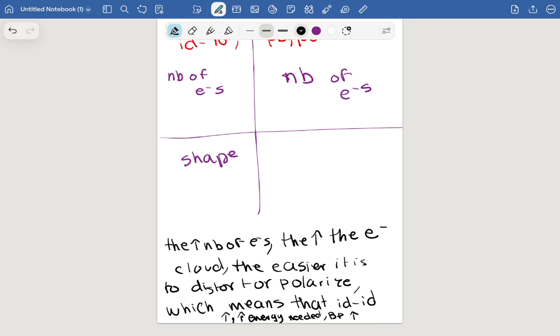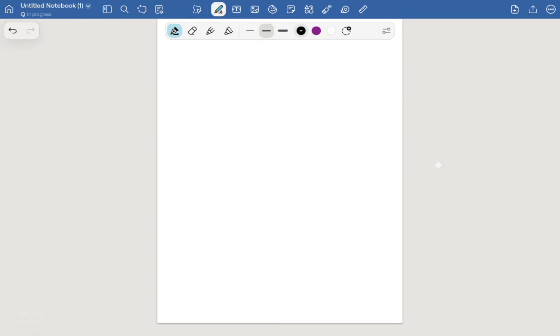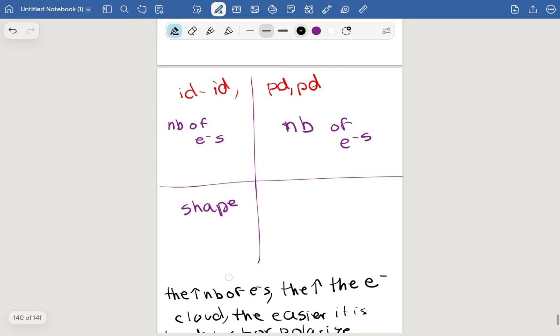That means it's going to be easier for the instantaneous dipole to occur, which means it's going to be stronger. And when it's stronger, it means we need more energy to separate. So definitely, if we need more energy to separate, our boiling point is going to be higher. Now, this is in regards to the instantaneous dipole-induced dipole for the number of electrons.